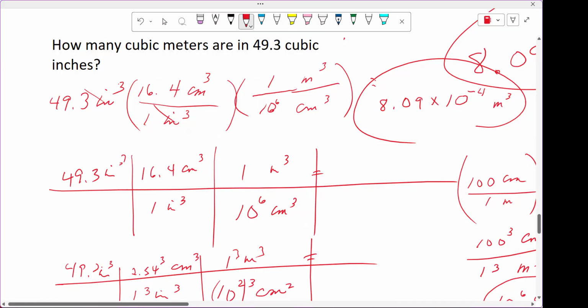Let's do this here. Okay, so we're gonna go mode, scientific notation, enter. Now we need to clear this. Now if we multiply that by 1, we're in the new scientific notation mode.